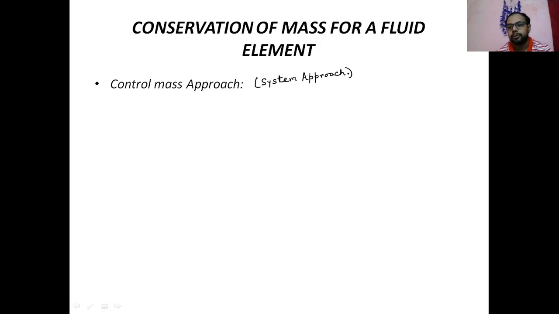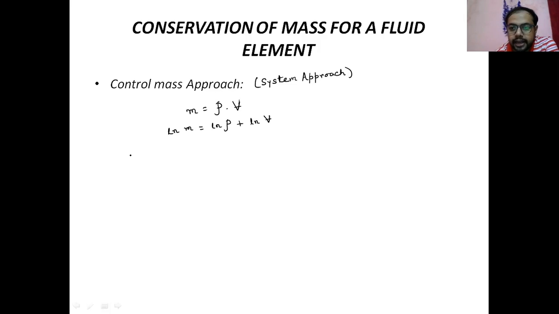In the system approach, the mass is equal to rho, the density, into volume. There is no doubt about it from the definition. If you take the natural log on both sides, ln m is equal to ln rho plus ln volume. Then you differentiate this with respect to the time.